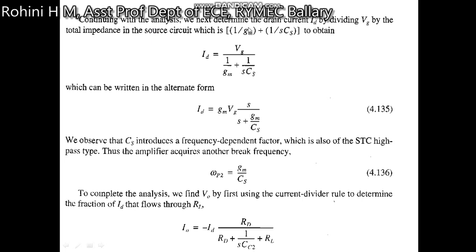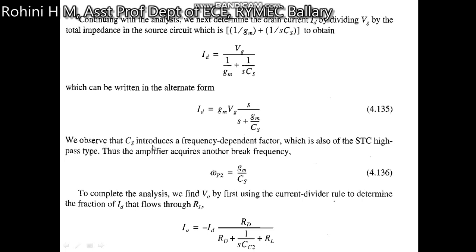Continuing with the analysis, we next determine the drain current id by dividing Vg by the total impedance in the circuit, which is 1 over Gm plus 1 over S Cs. So from the circuit we write id as Vg divided by these two impedances, which can be written in the alternate form, taking the LCM, as Gm into Vg divided by S plus Gm divided by Cs.